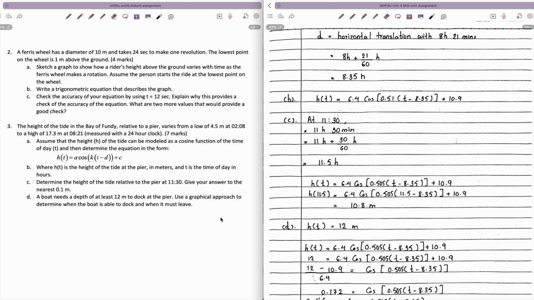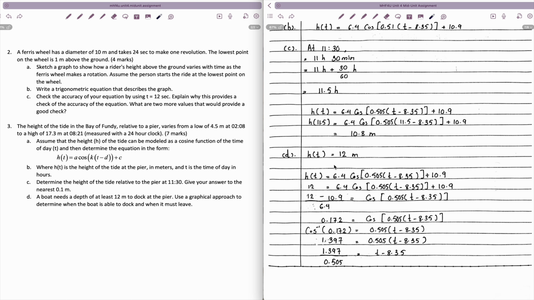This is for number C. For number D, a depth of at least 12 meter is needed to dock at the pier, so h of t is 12 meter.